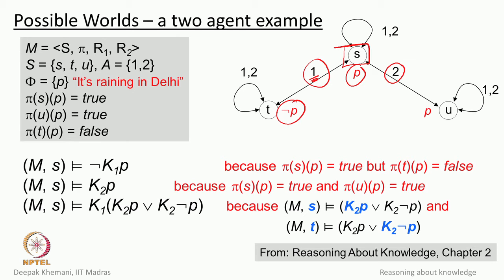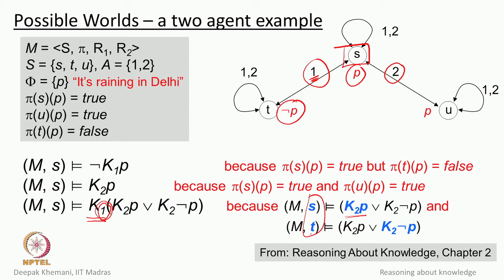Why is this formula true? If you remember, a formula with a K operator, with respect to agent 1, must be true in all the states that agent 1 cannot distinguish between, which are the states S and T. In state S, this formula is true because in state S agent 2 knows P, as we have already seen.